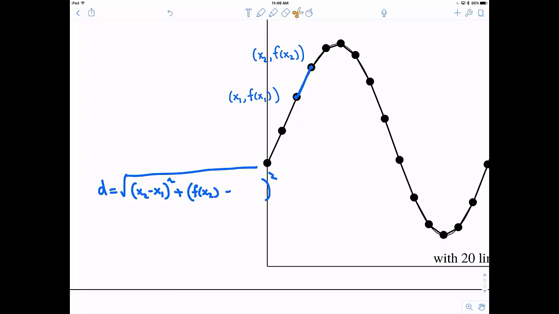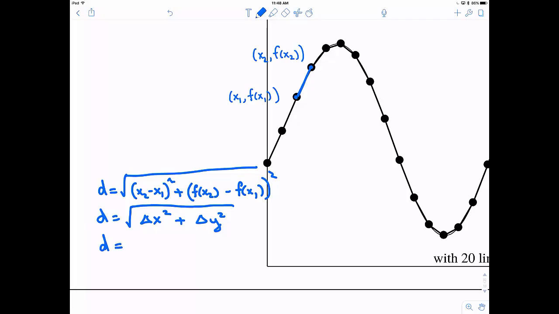That's the difference in the heights. Another way we could write this is that the difference of x values is delta x, and the difference of y values is delta y. We still have to square this.